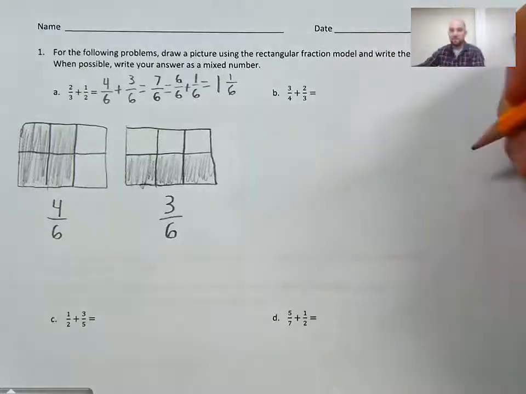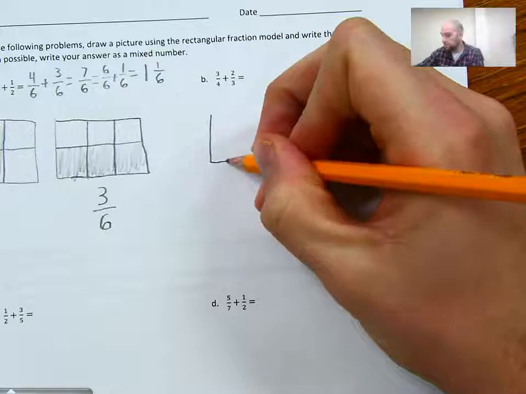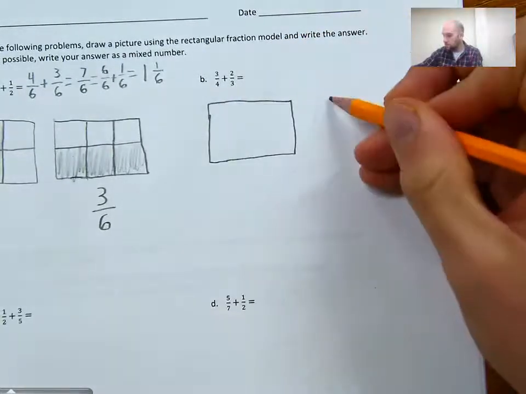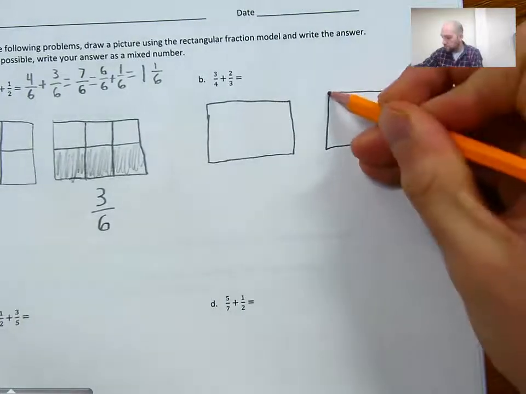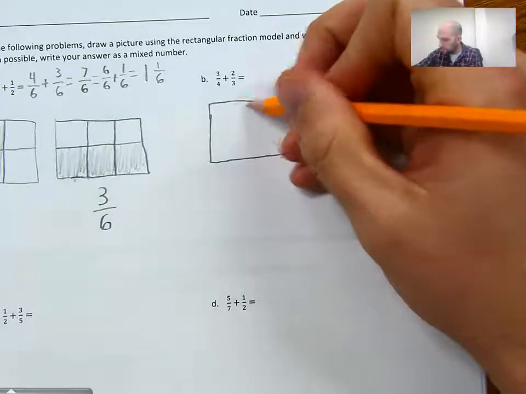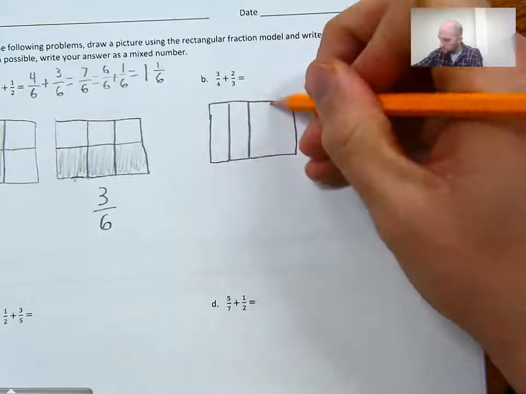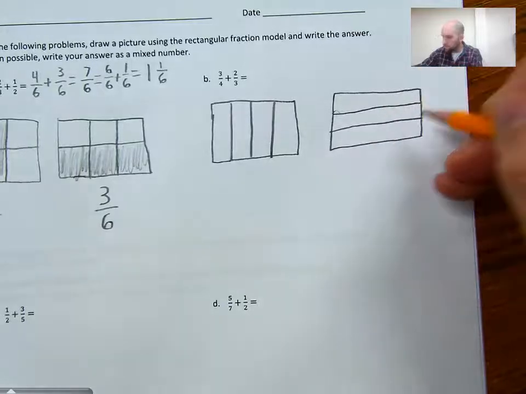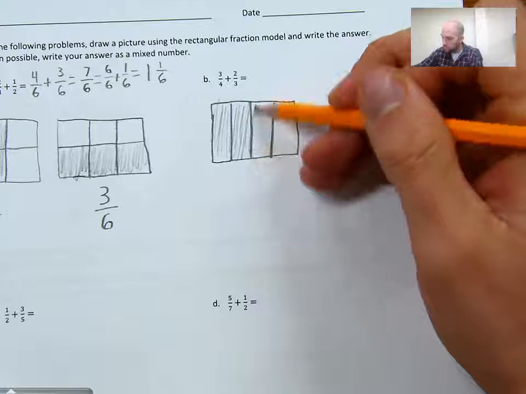We'll try that again. So let's draw 2 rectangles here. 3/4 and 2/3. All right, so we have fourths. Here we have thirds. We have 3 of these fourths to fill in, so we'll shade those.